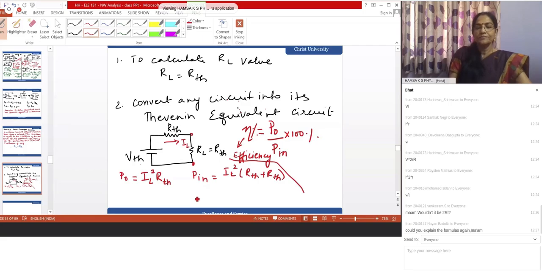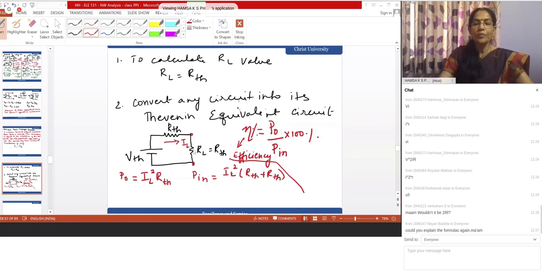The efficiency is output divided by input, output power divided by the input power, right?